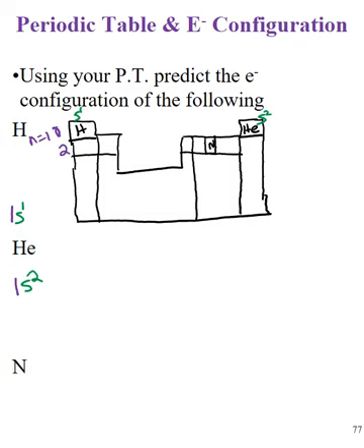Let's see what the last orbital will be. The last orbital is going to be a 2 because it's in row 2, it's our shell. And then if I look, this is in the P block. This was P1, this was P2, nitrogen is going to be P3. So the last subshell will be a P3.